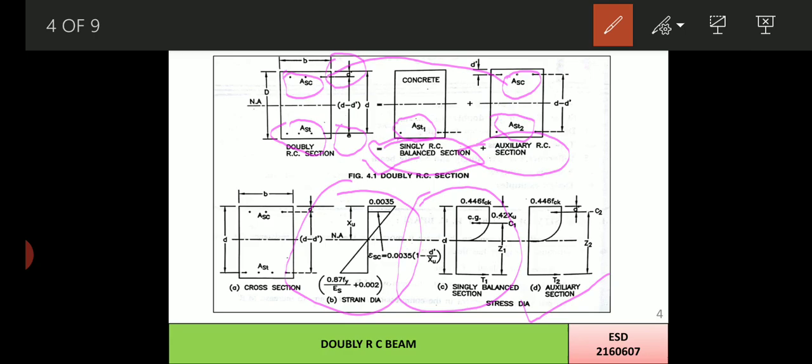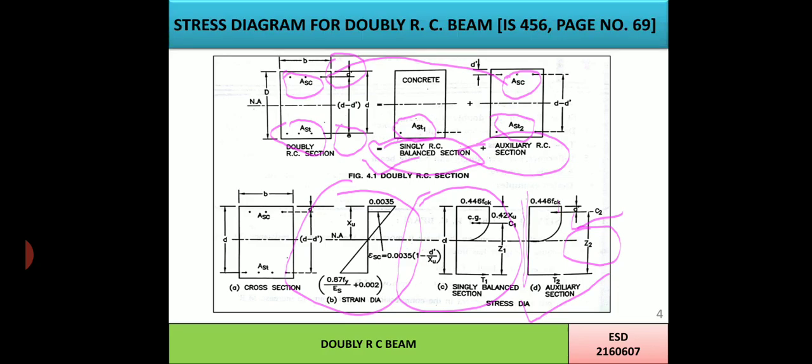Now we can see over here that C2 force is acting at a distance of d dash from the top, and T2 force is acting at the bottom, usually at the tension reinforcement. Now the extra lever arm will also be generated in this case, that is denoted by Z2. If you want to calculate its formula, it is simple. This one is d minus d dash, so ultimately we will get Z2. So this is the basic concept of the stress strain diagram of doubly RC beam.